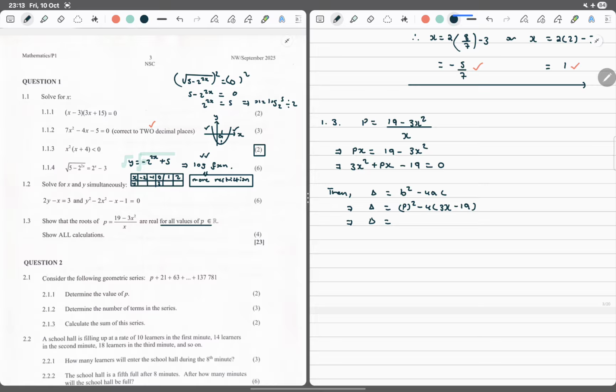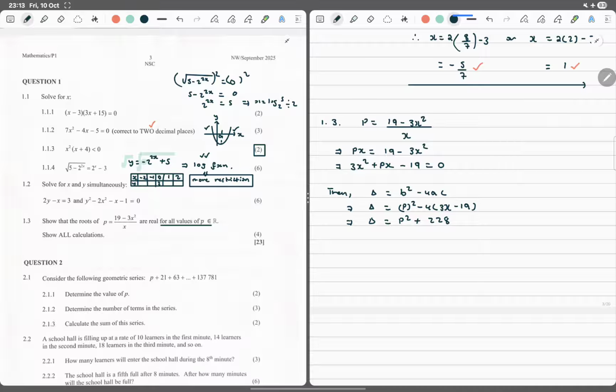This implies that our discriminant delta is going to be p squared plus 4 times 3 times 19. We get 228. And that's not a perfect square, is it? No, it's not.